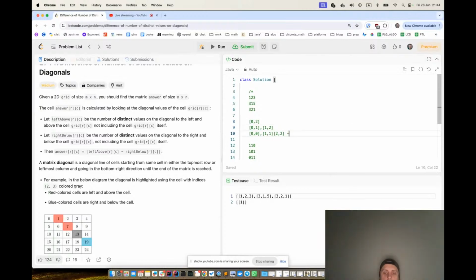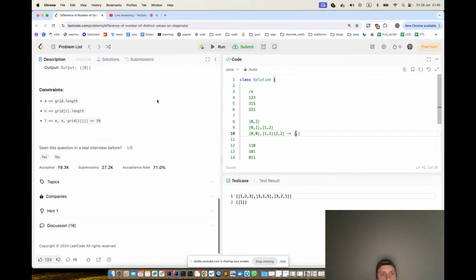So by this diagonal, we have the following arrays. By first, it would be always 0. Then, yeah, it would be 0. But by diagonal, yeah, we can maybe iterate 2 times.